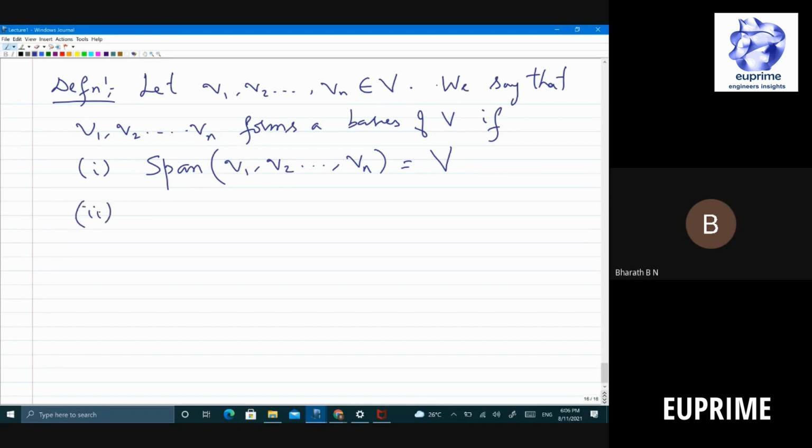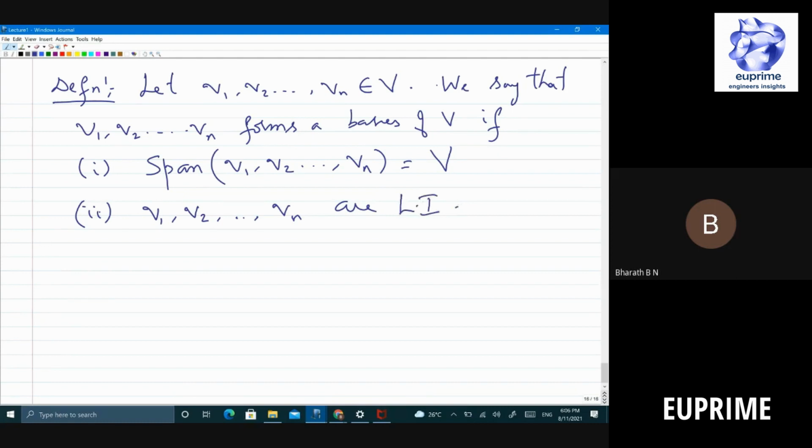Of course, in R2, on a plane, I can take 100 vectors pointing in different directions and they will span the entire R2. There is no big deal. But we cannot say that those 100 vectors form a basis. Only 2 vectors can form a basis. So what do you mean by that? V1 through Vn should be linearly independent.